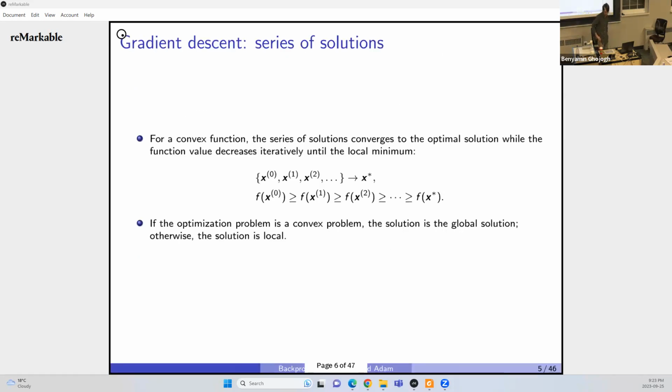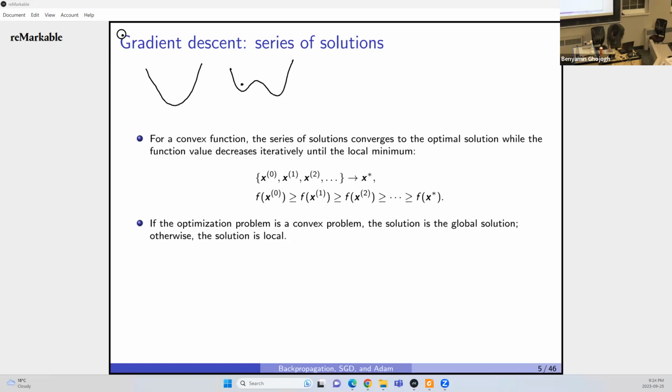Now, for a convex function, what do I mean by convex? You know? No, convex function. So basically, in simple words, a convex function is like a bowl, okay? With one bottom. When it has more bottoms, multiple bottoms, then it's not convex.